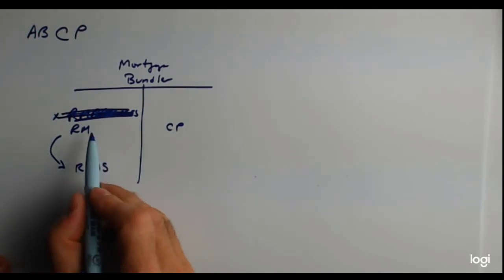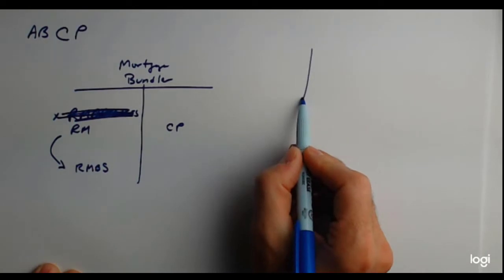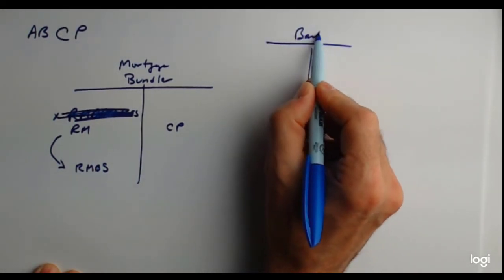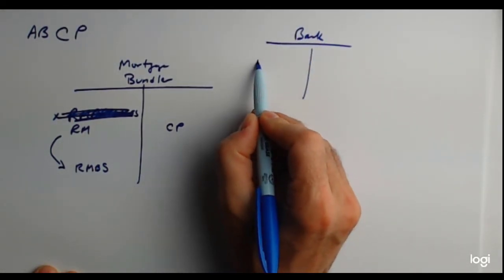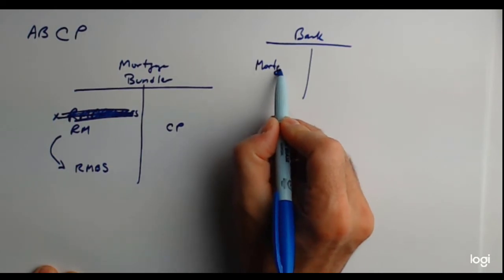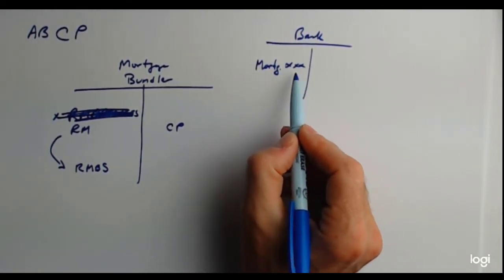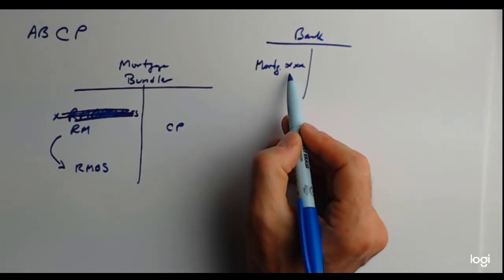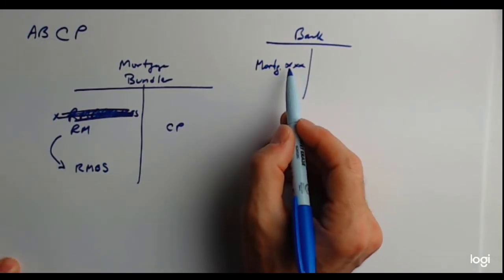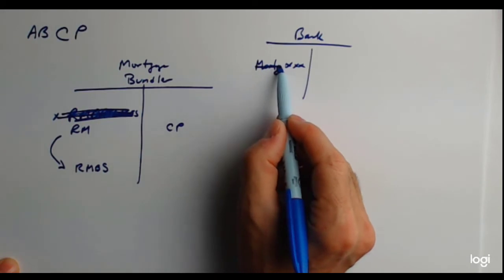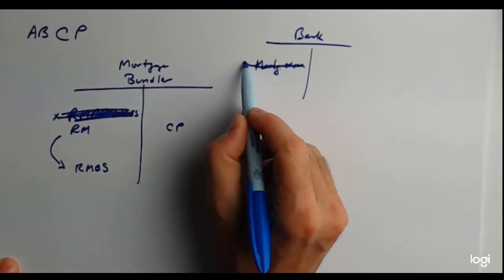So it may buy thousands of mortgages from a bank. And so here's a bank. The bank had money locked up in mortgages. And when it has money locked up in mortgages on its balance sheet, it's not very liquid. So it would be nice if the bank could get these mortgages off its balance sheet and turn that into fresh cash.